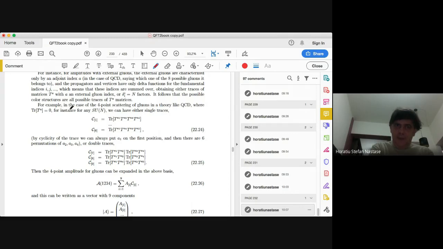For example, in the case of 4-point scattering of gluons, so 2 gluons going to 2 gluons, in a theory like QCD, so with SU(N), but with SU(N) you can just put N equal to 3 at the end, that's fine. But just a theory with just gluons.